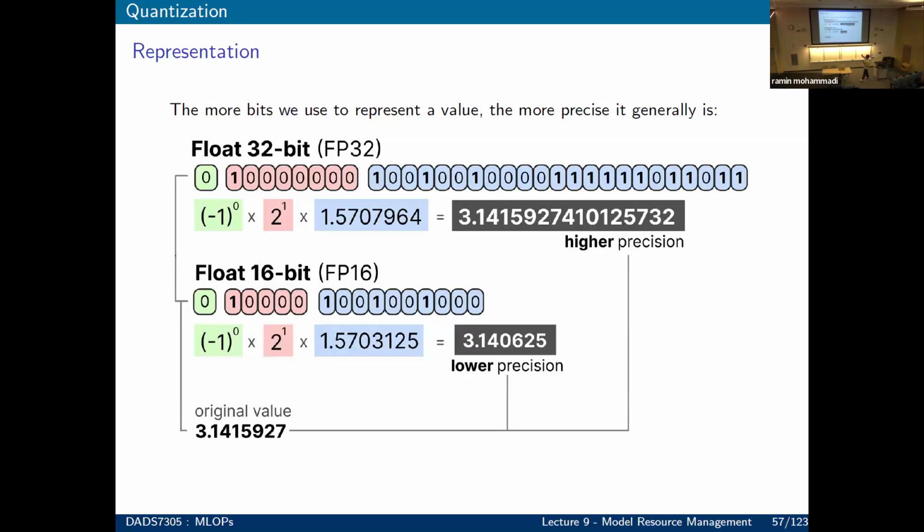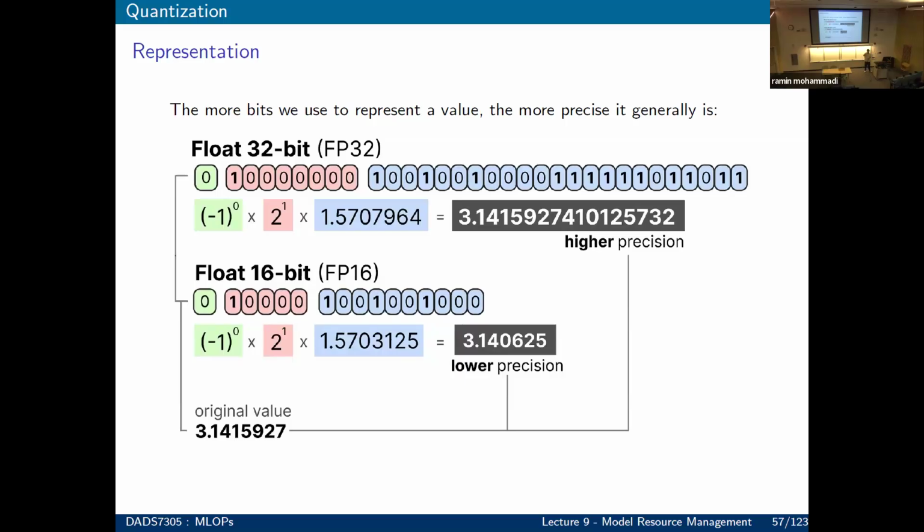So the main difference between float 32 and float 16 is that the exponent goes from 8 to 5, and the mantissa, the remaining, goes from 23 to 10, right?